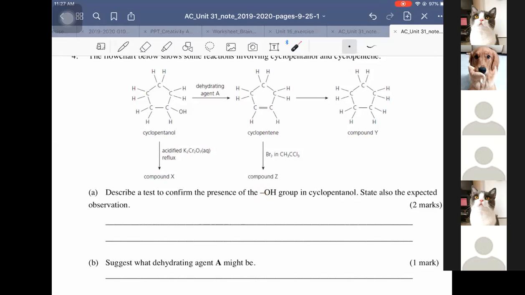Remember the reaction we learned before, we use PCl5, phosphorus pentachloride. That reaction takes place at room temperature, and the expected observation is that a steamy film is produced.